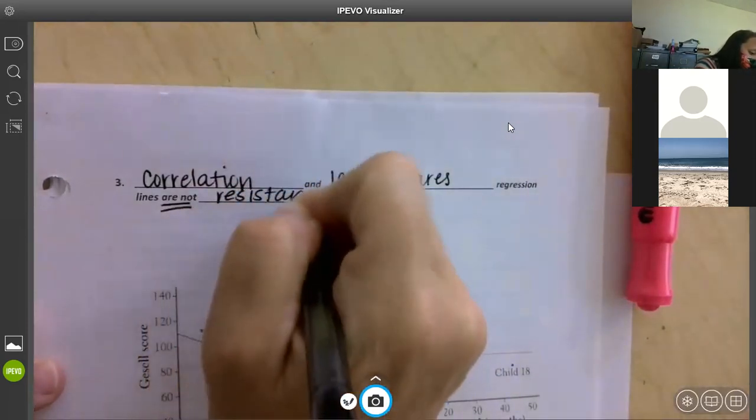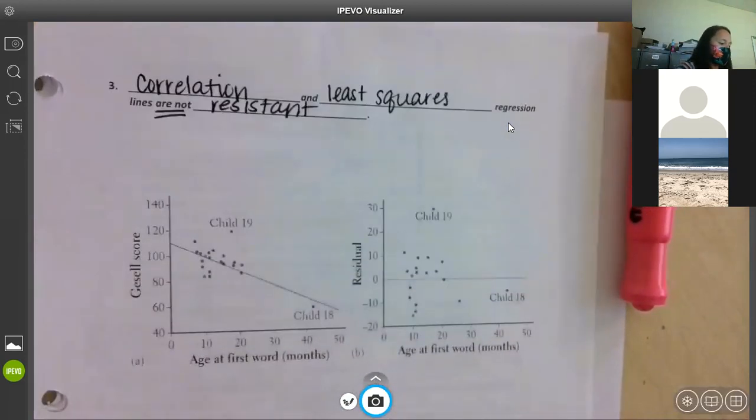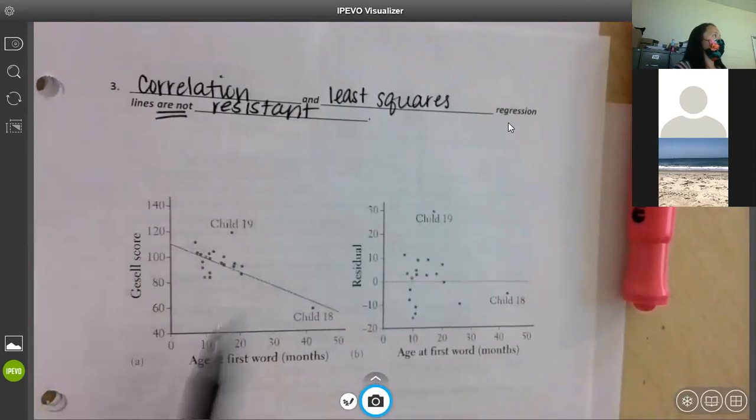And we know that. If we throw an outlier out there or something way to the end, it's going to pull that line away from where it's at. It's going to make it move. So what it's showing you in those graphs is this child 19 will pull that correlation line. If we take that 19 out, it'll make that correlation line stronger. So outliers make them weaker. See where I got it?